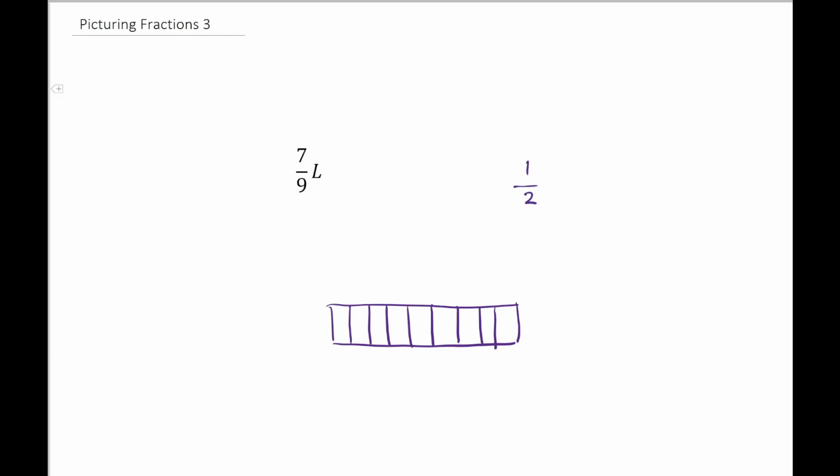It's about 4.5. So if I had 1/2 turned into ninths, I would have to have about 4.5 of these pieces for it to be close to half, and I have 7 of them. So is 7 closer to 4.5 or is it closer to 9? You can make your judgment about that. But for me, I think this is closer to 1. It's closer to totally full than it is to only half full. I suppose it depends on how optimistic you're feeling that day.